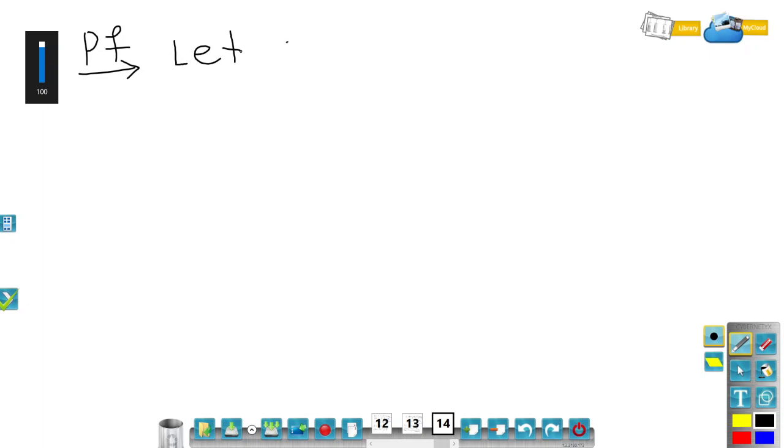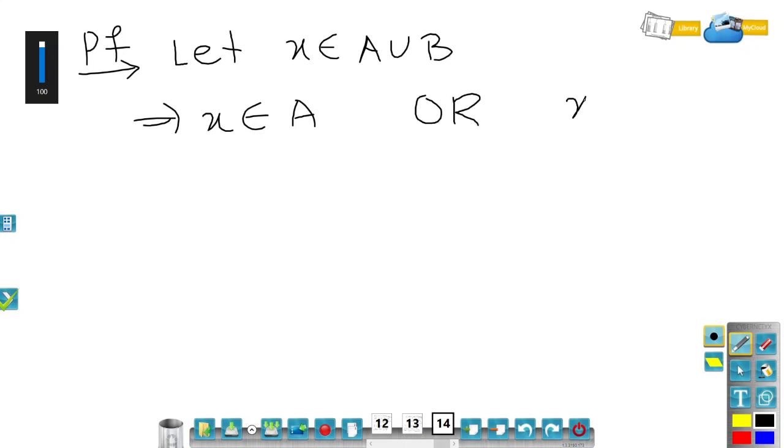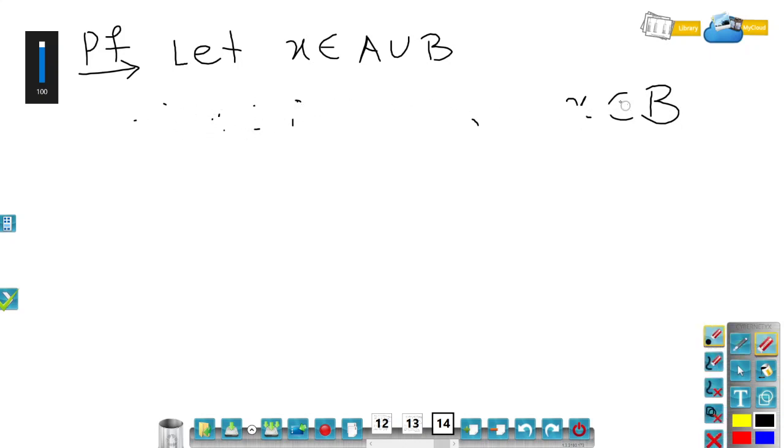Let x belong to A union B. So I start with an arbitrary element from A union B. This would imply either x belongs to A or x belongs to B. So one of the statements will be true, and let me explore both the cases.